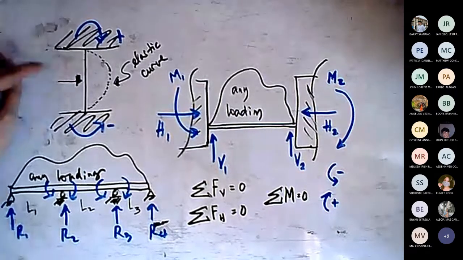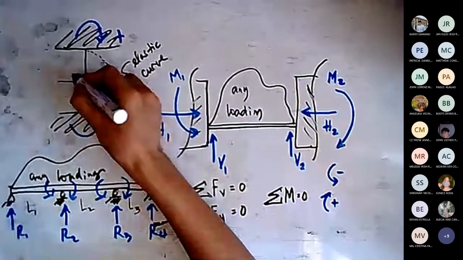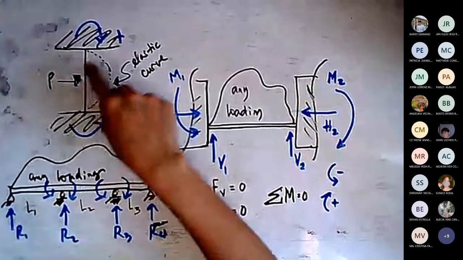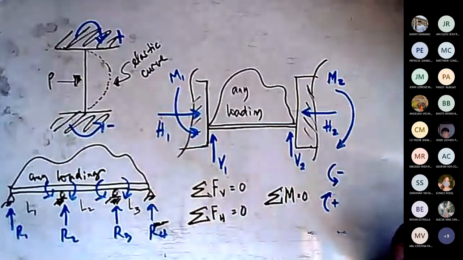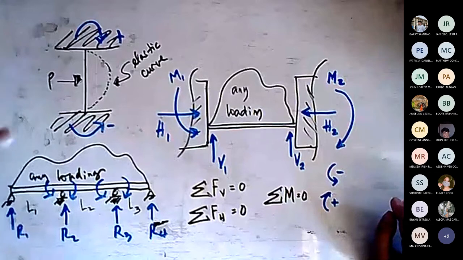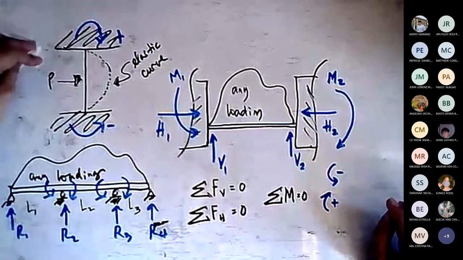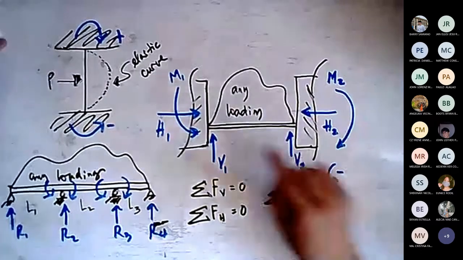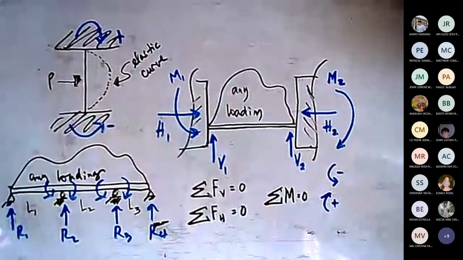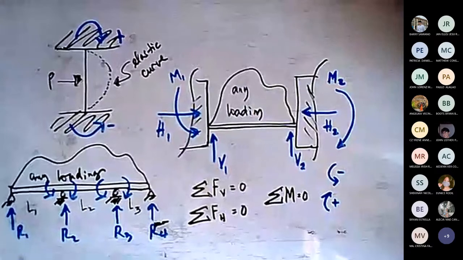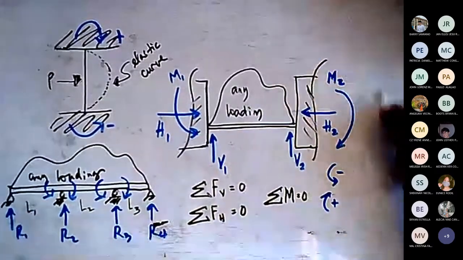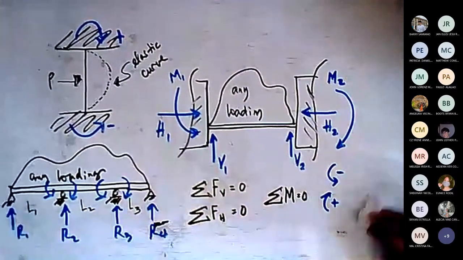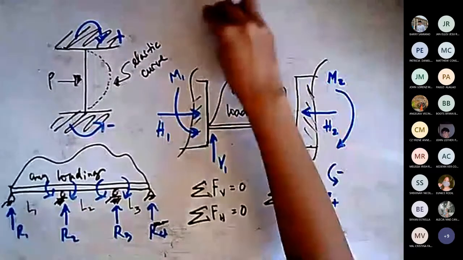Okay? So if we have loads here, lateral forces, the effect on the column is definitely horizontal also. So that's why we have a figure here to show the elastic curve that will occur when we use the moment distribution method.